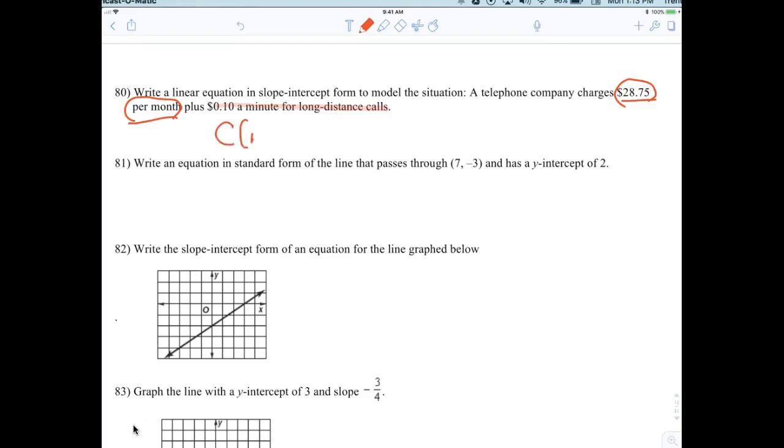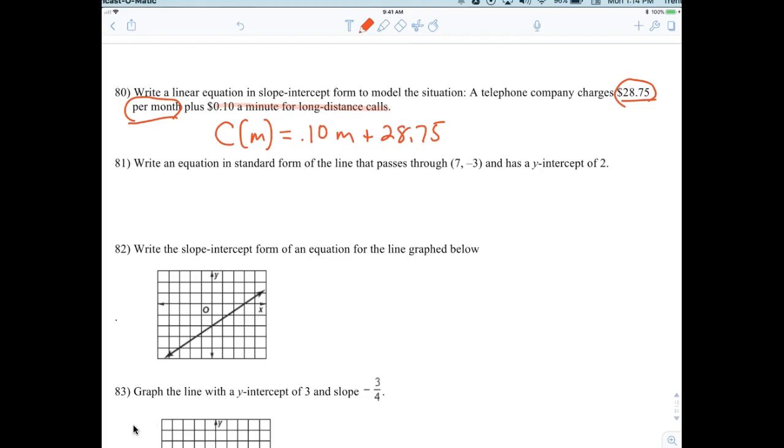So your cost is going to be what? 0.10m plus 28.75. You understand that? All right. It's 28.75. That's kind of like your y-intercept. Every month you get charged 28.75. In addition, for every minute that you use. All right. Is everybody okay with that? All right.